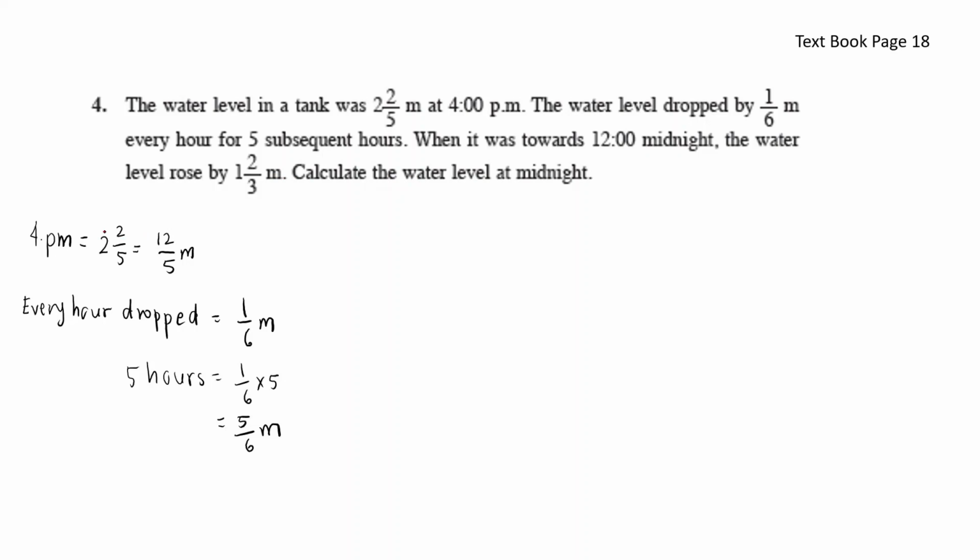So at 4 p.m. we have 2 2/5, which is 12/5 meters. And every hour it dropped by 1/6 meters. So for 5 hours, we have 1/6 times 5, giving us 5/6 meters. So now here we have 12/5, and since it dropped by 5/6, we minus 5/6, and since it rose by 2/3 meters, it will be plus 2/3 meters.